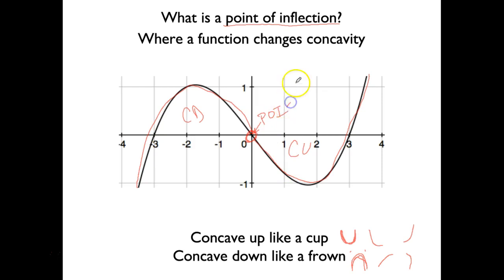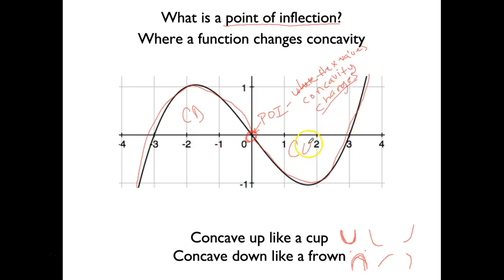Okay, let's define that real quick. Point of inflection, so the x value, instead of saying where, let's say the x value concavity changes. Changes is the key word, okay?